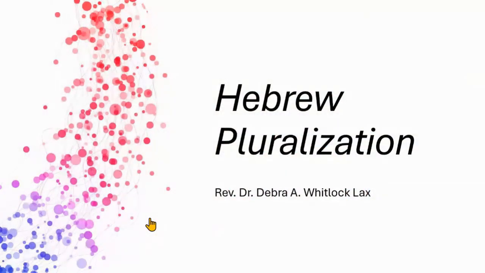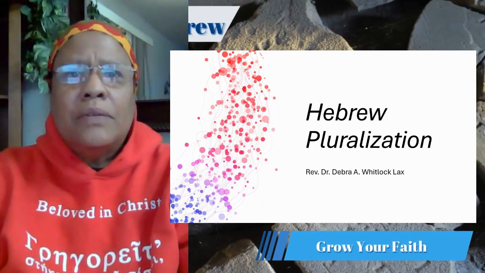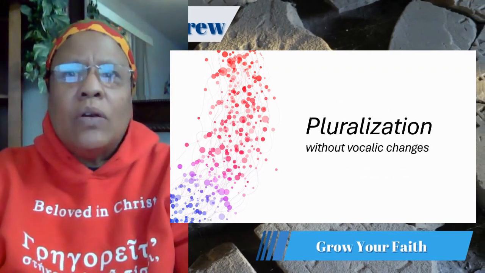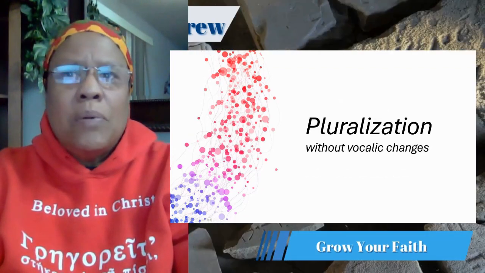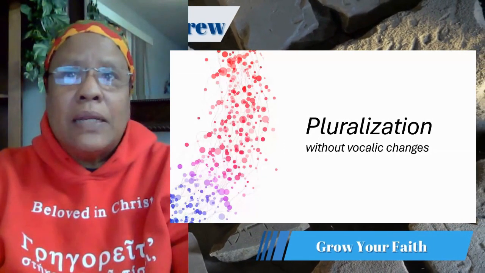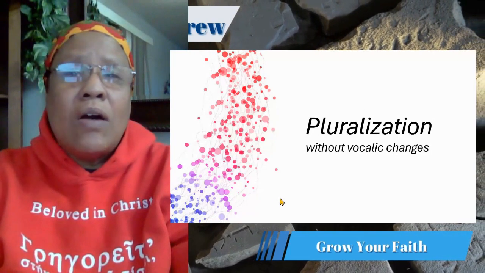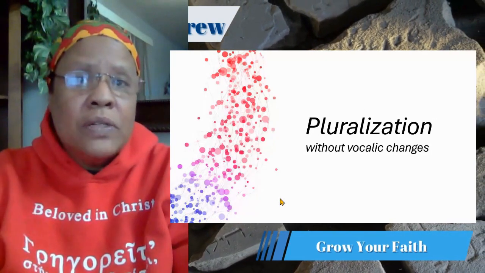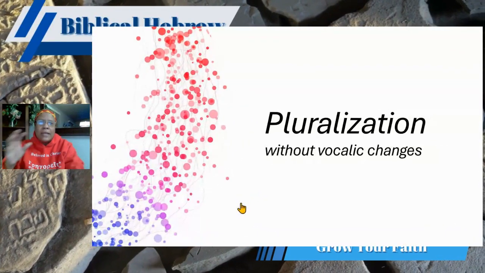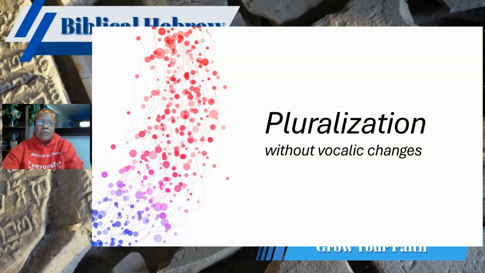Let's look at the first concept here. The first concept here, we are literally talking about pluralization without vocalic changes. And what that really does mean is that because there's a long vowel involved, you will not need to change anything except for adding the reduction.